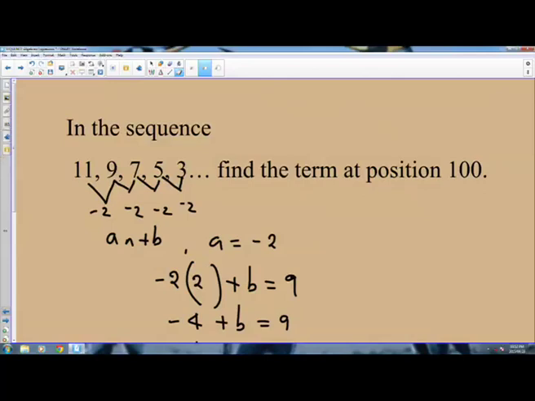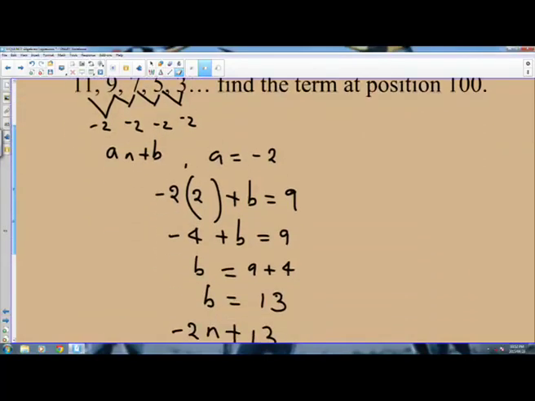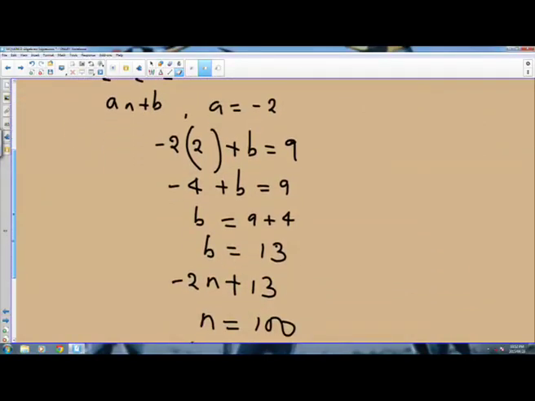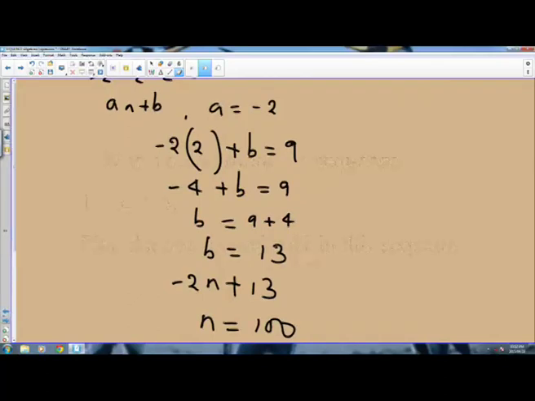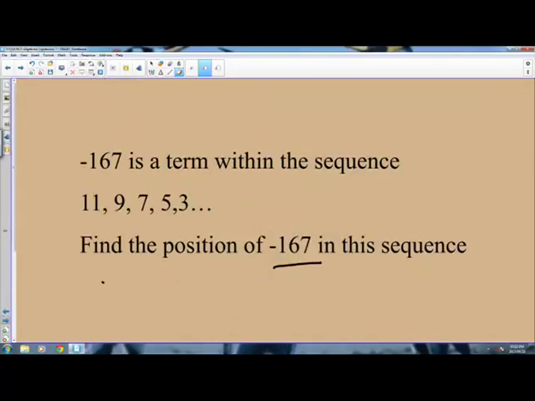And let us remember that its algebraic form is minus 2n plus 13 from the previous example.